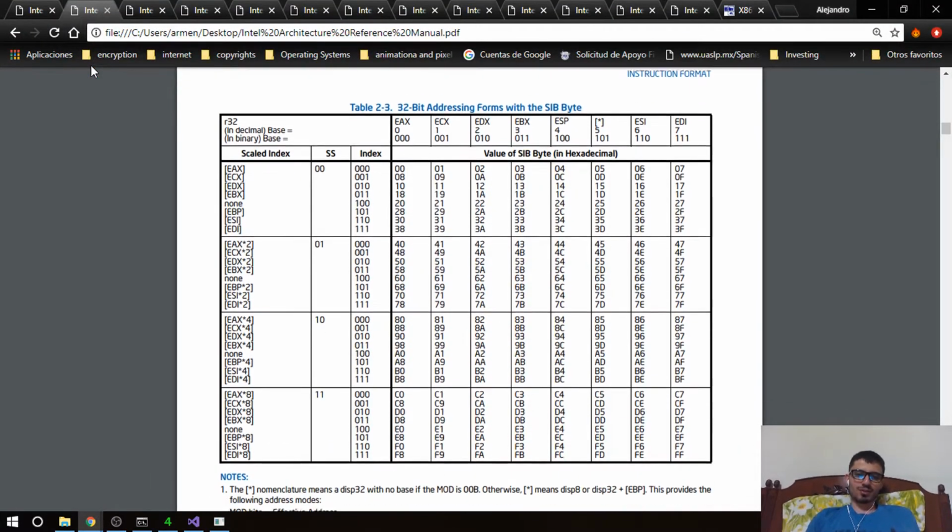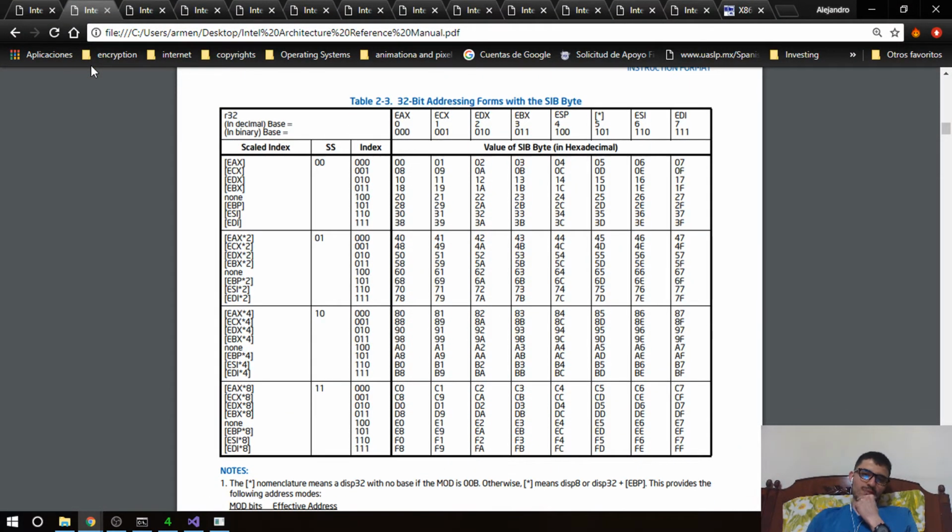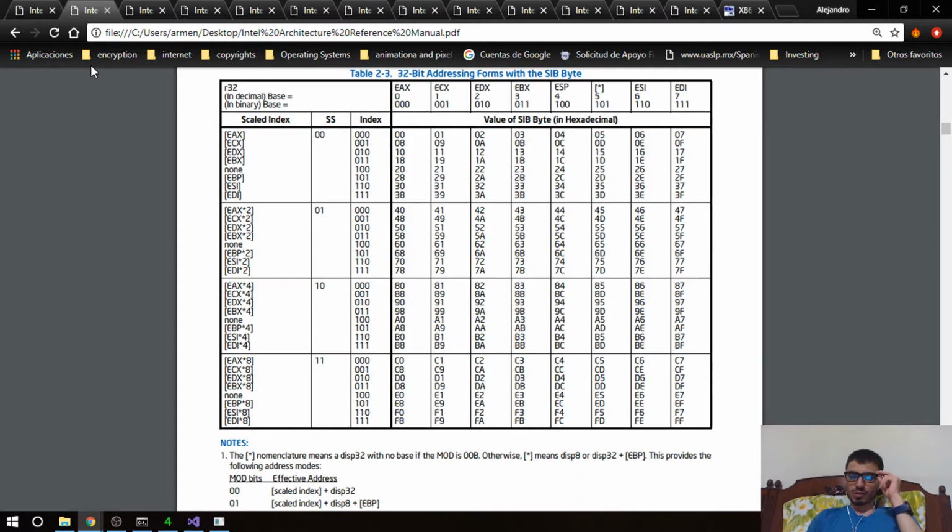If I go and see the tables, you ask the question, how can you have all the addressing modes that you would normally have? And this is a question because we haven't thoroughly tested and developed all the possible register addressing modes.